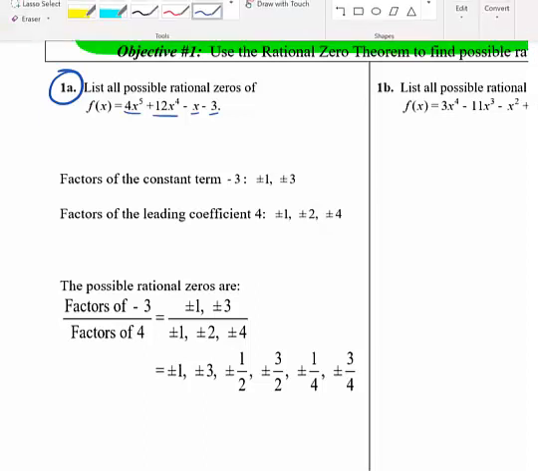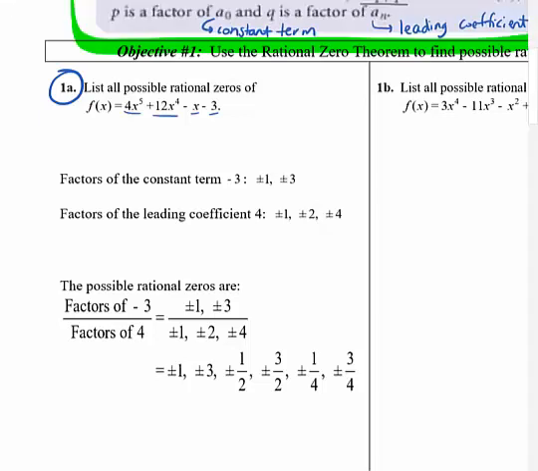So let's see, the rational zeros theorem says, if I have a 0, it's called, let's say, p over q. Here's a rational 0, aka a fraction. Then p, what does it say? P must divide, it says here, a sub 0, which is the constant term.